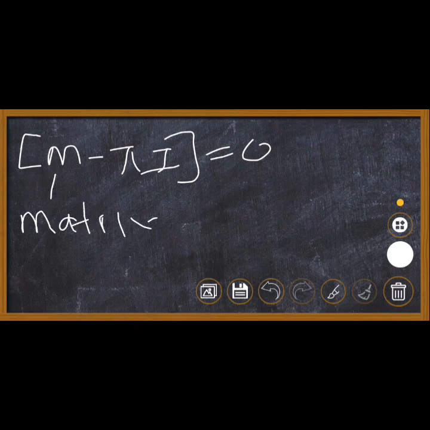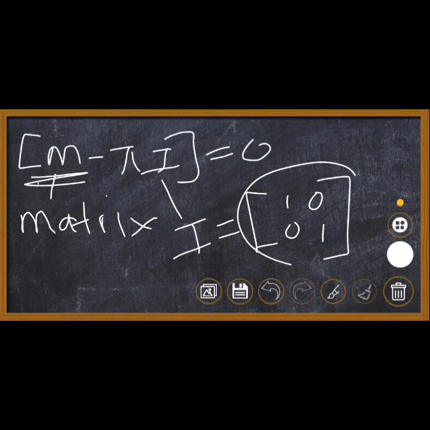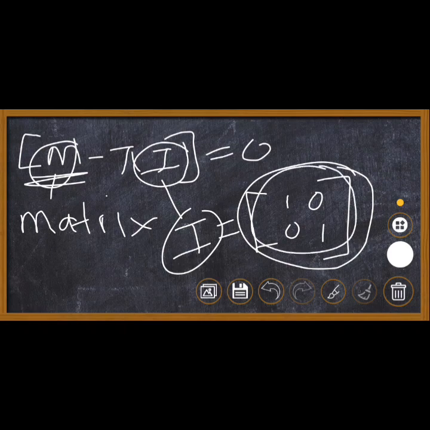Whatever matrix you have been given, you replace it where there is M, and I is a matrix of the standard form where we have 1 0 and then 0 1 here. This is always the standard form of I. So whatever matrix you have been given, you just replace it here, and then you replace where there is I with this matrix here.